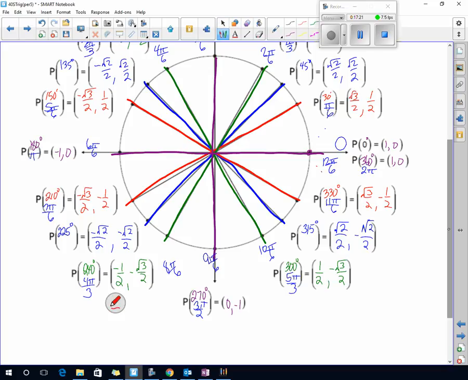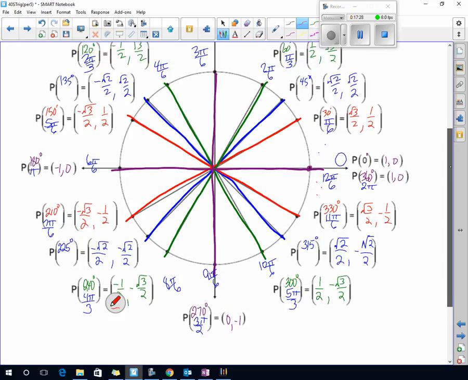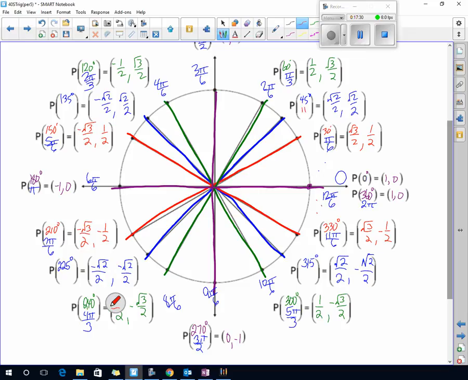So if I start at 0 and I travel pi over 4, I'm in that spot. If I travel another pi over 4, I'm in that spot. Where am I at now? 2 pi over 4, which again reduces to pi over 2. I travel another pi over 4. I am now at 3 pi over 4, yes?